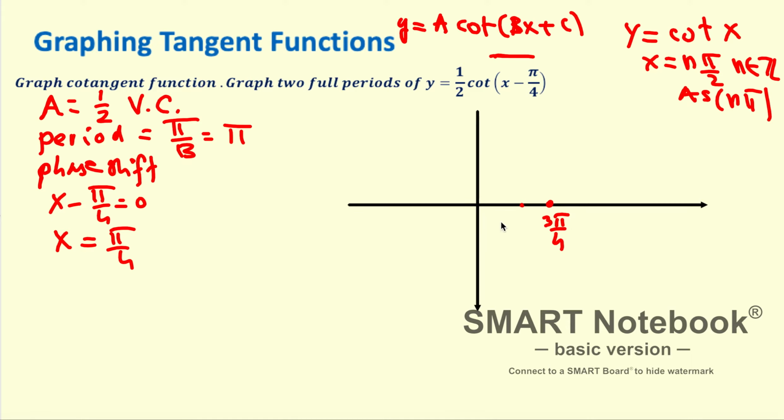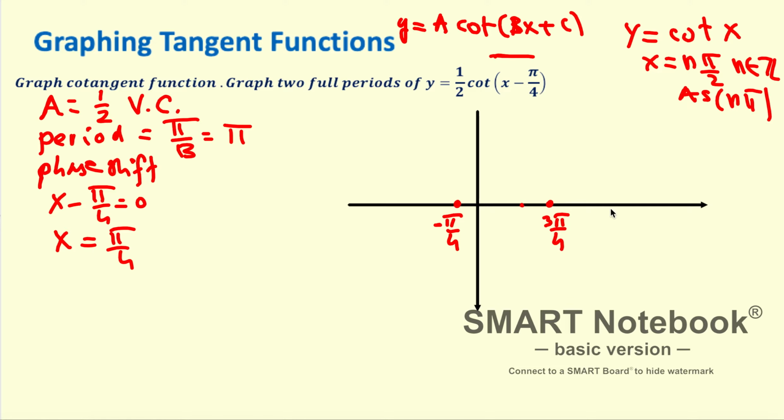Now if we go to the left side to find the other point, because the period is pi, subtracting pi from 3 pi over 4 gives minus pi over 4.